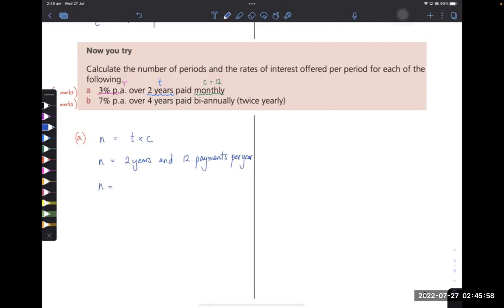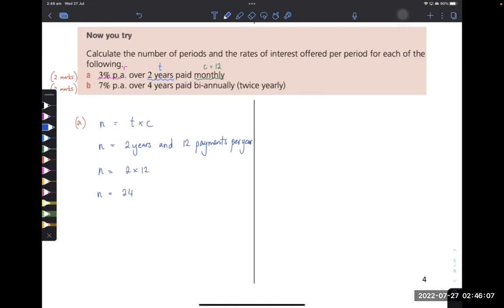So that's the same as just saying 2 times 12. So the total number of payments you'll have in a year is 24. And that was telling us the number of periods.